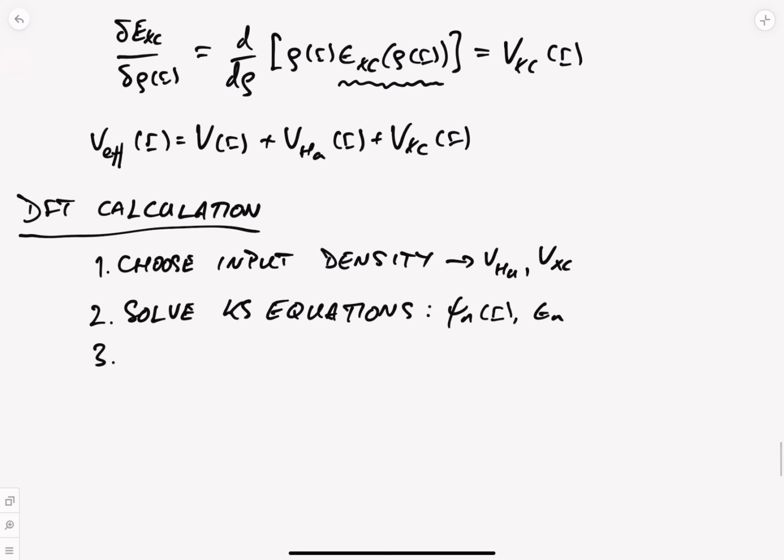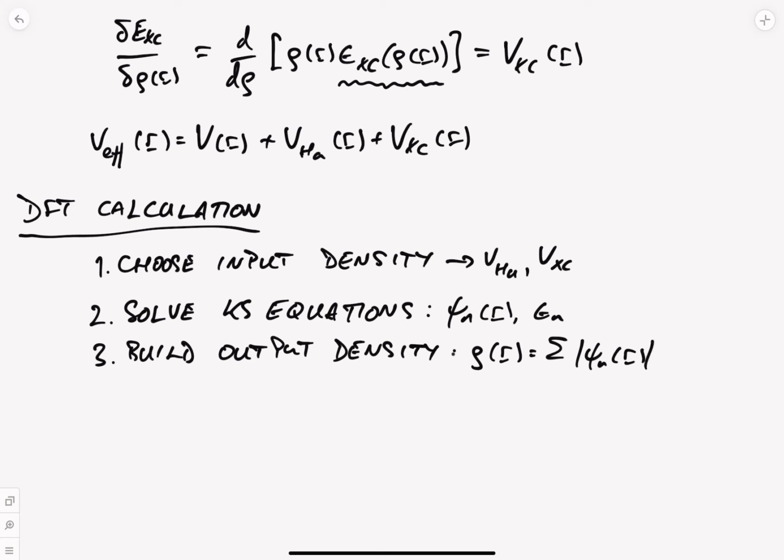We then build what's called the output density. So that's the density using psi n, from the Kohn-Sham equations. So rho of r is equal to the sum of psi n of r squared.